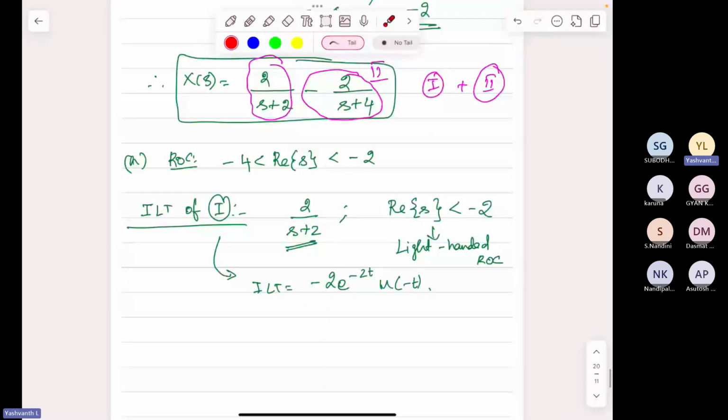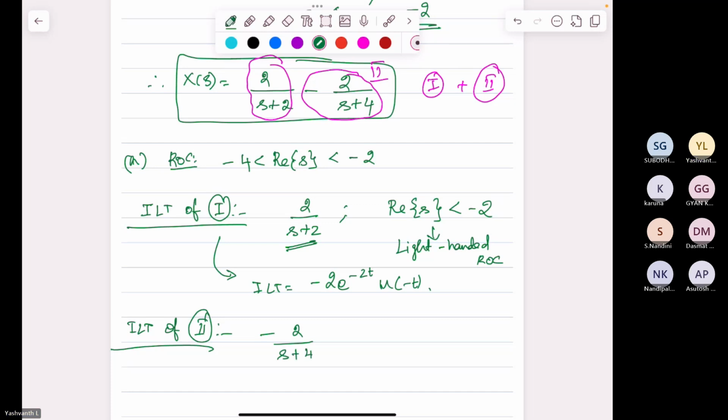Okay. So now the ILT of term 2: minus 2 by s plus 4. And for this term, real part of s is greater than minus 4.